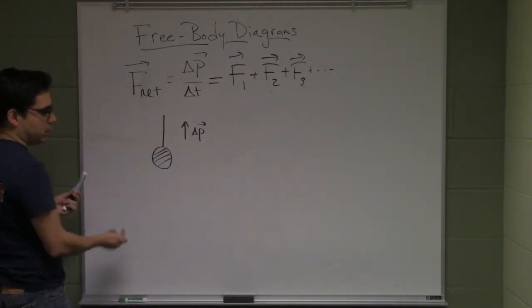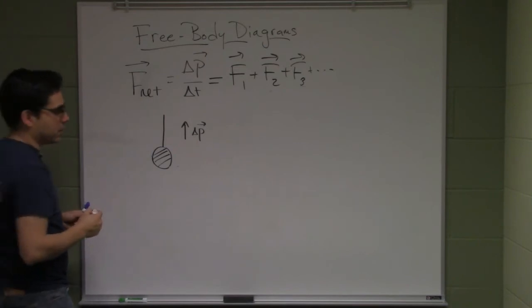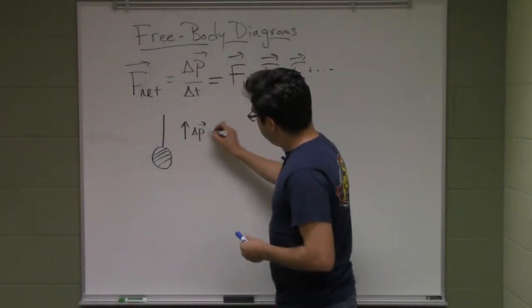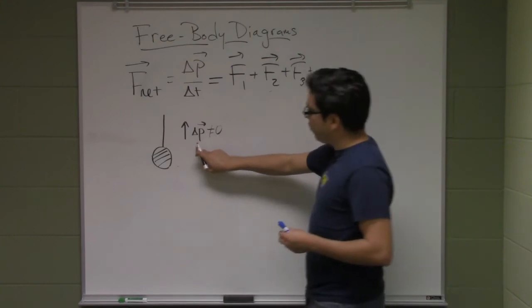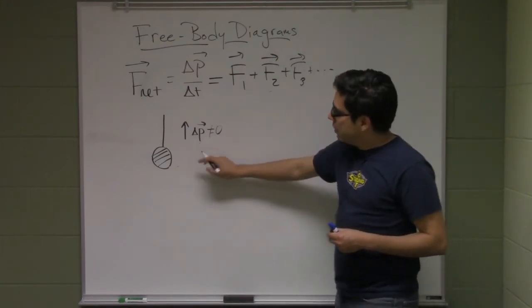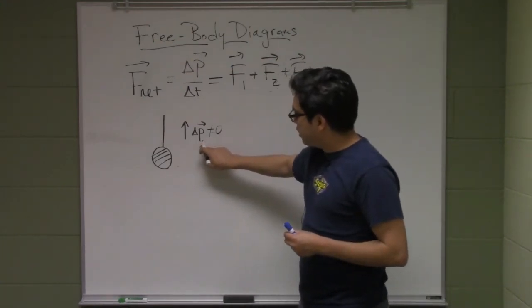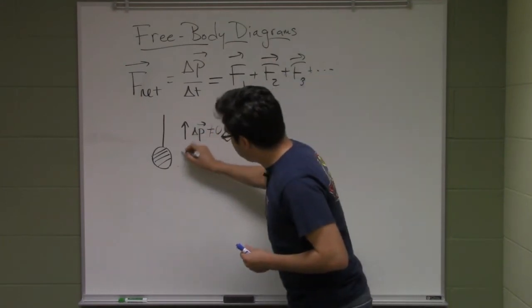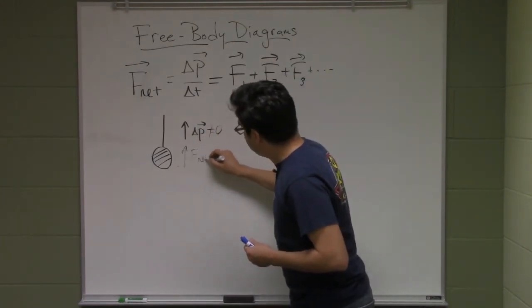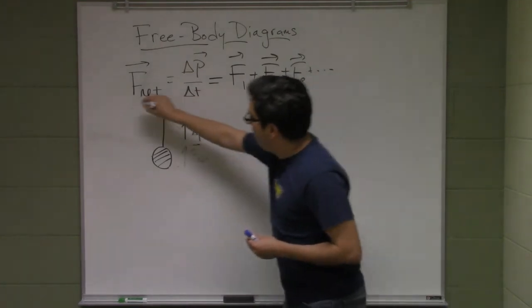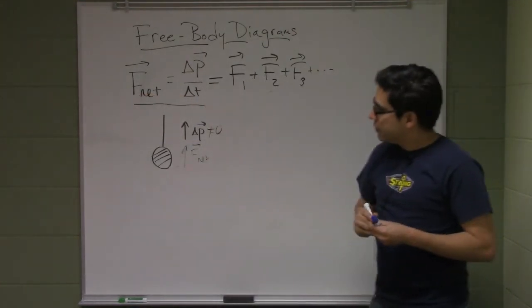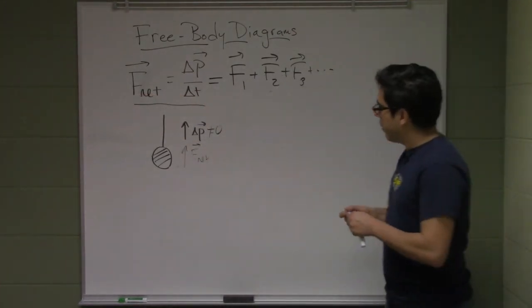Its speed is increasing in this upward direction. Okay? So we know that the momentum change is non-zero. In fact, we know what its direction is going to be. So because we know that the direction of the momentum change is upward, that net force that acts on the ball must also be upward based on the momentum principle. So we can draw the free body diagram for this.